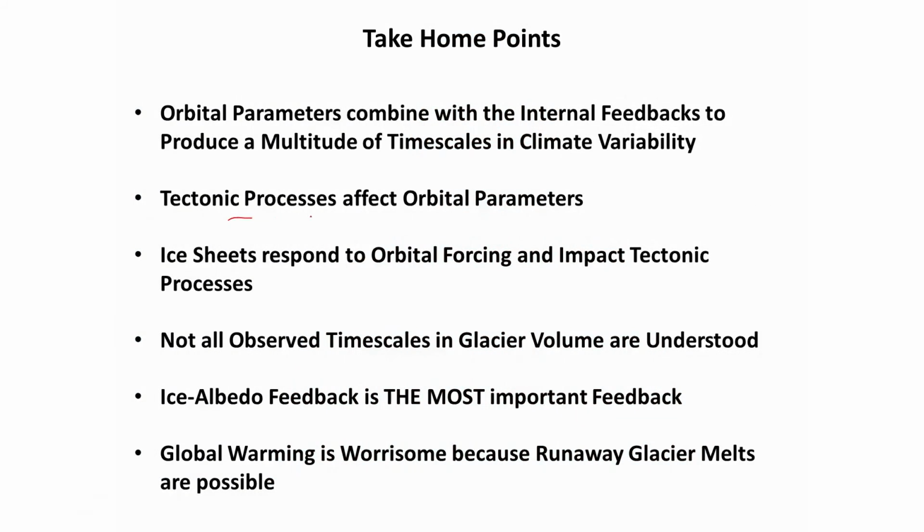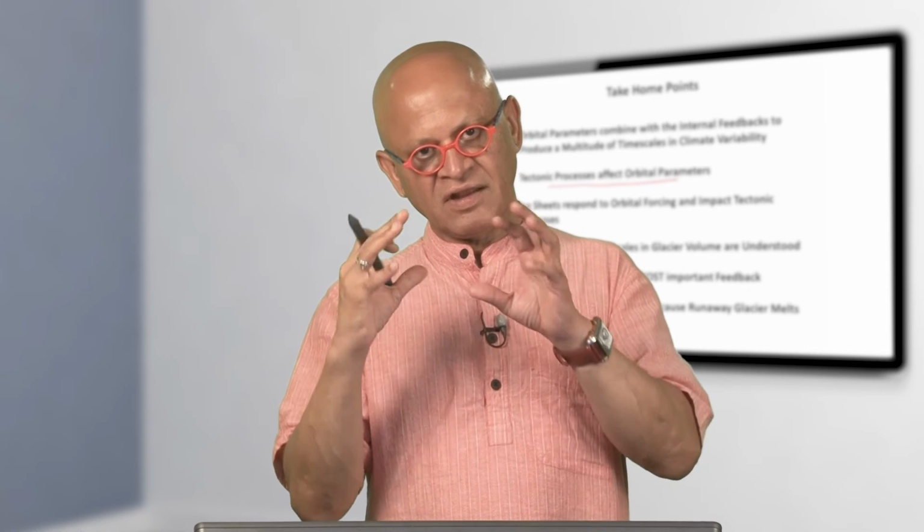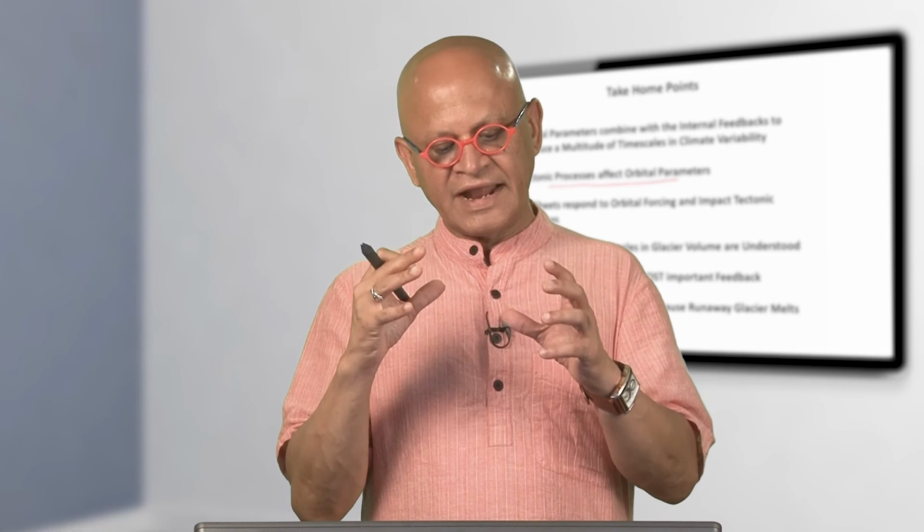We haven't gone into all the details because there are many unknown factors, unknown science. The science is still advancing as to why some of these time scales exist in the observed records. So, tectonic processes affect orbital parameters, as we saw with a figure. As continents move around, the Earth Moon system changes its orbital periods and length of day and gravitational pull and so on. That combines to affect the orbital parameters.